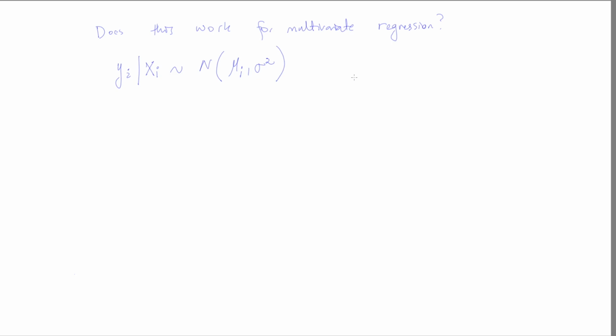And mu i, now I'm going to go back to the W notation. It's not just going to be W0 plus W1 xi1, because now xi is a vector, because we have multivariate regression. It's going to be plus W2 xi2 plus up to WP xip. And we usually write this as W transpose xi.